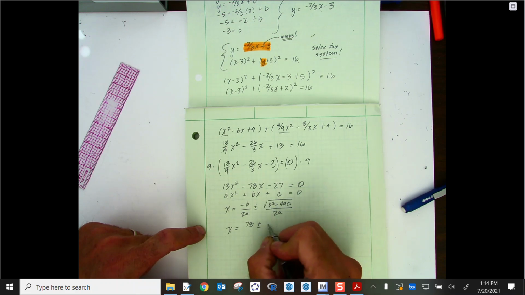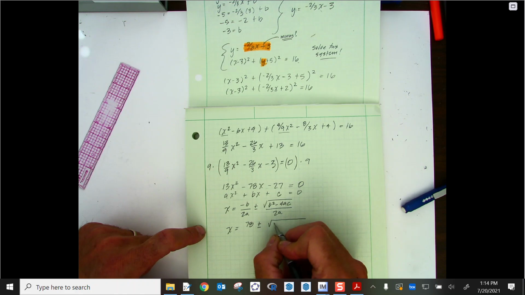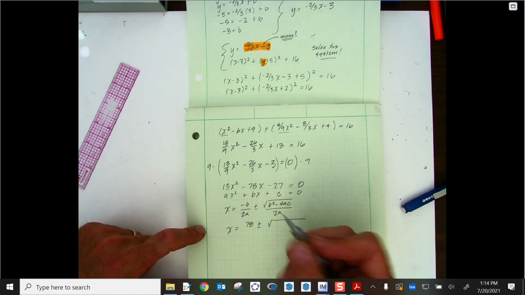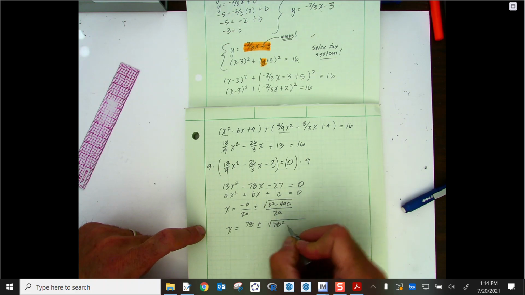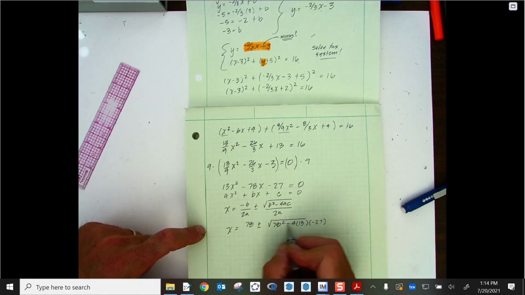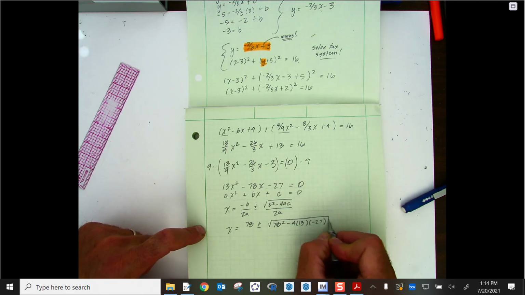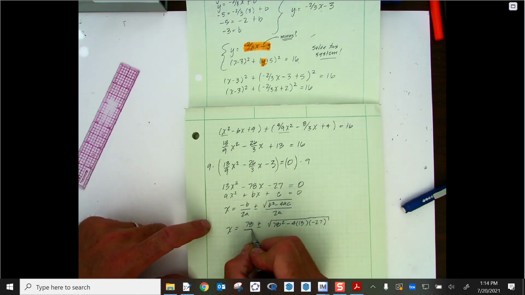Plus or minus square root of, let's see, b squared is going to be, well, since it's negative, I'm squaring, it's going to be positive, so I'll just write it as 78 squared. Minus 4 times a is 13, and c is negative 27. That's nice because the negatives will cancel here. We'll get a positive under the radical, which indicates there are real solutions. And then it's all over 2a, so let's see, 2 times 13 is 26, right?